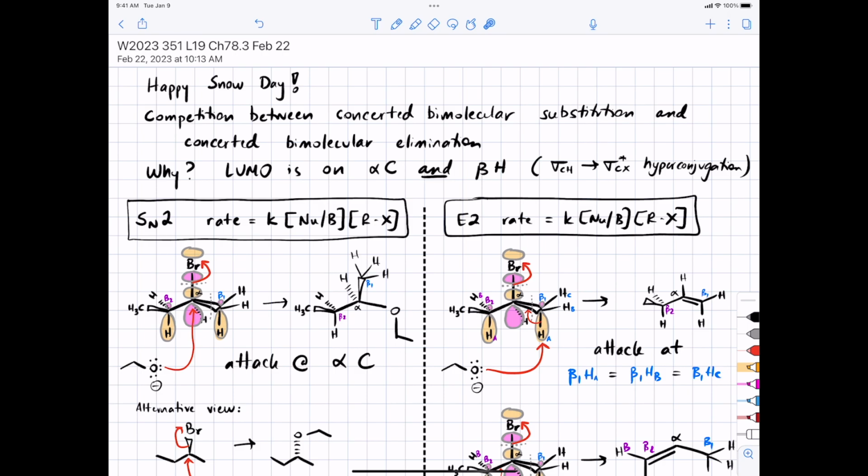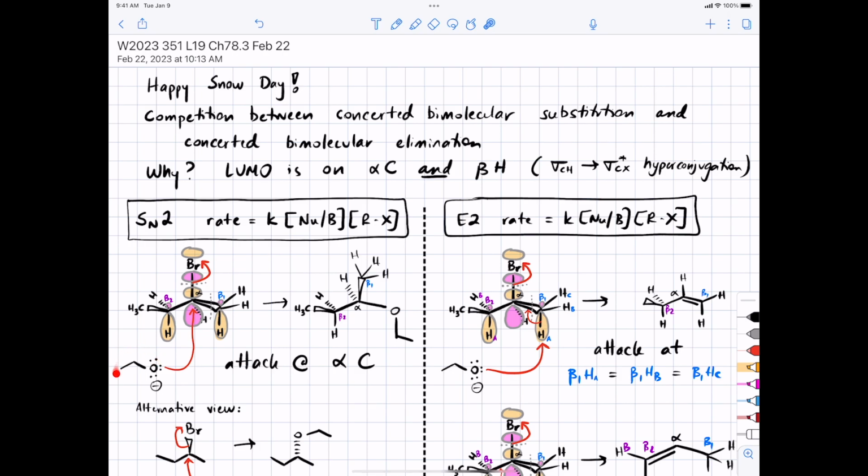For the SN2 reaction, we said the rate is dependent on the concentration of your nucleophile/base and on the concentration of your alkyl halide. We form the new nucleophile-carbon bond at the same time as we break the carbon-leaving group bond.